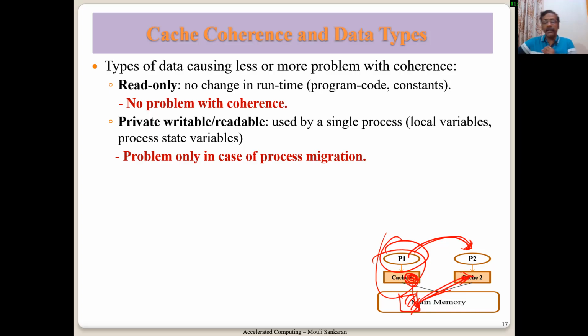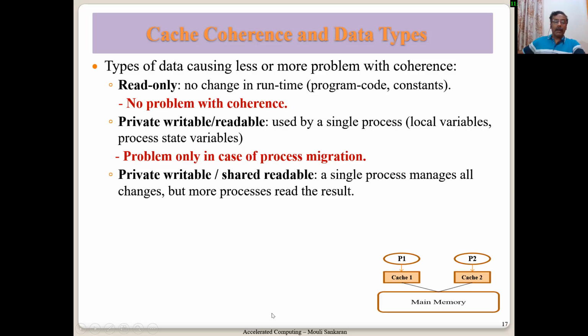And then private writable and shared readable. Suppose I have one piece of data which is only written by one process, but read by multiple processes. Then there is a problem, because whatever updates have happened by the process running on one core have to be reflected on all the cores, right?